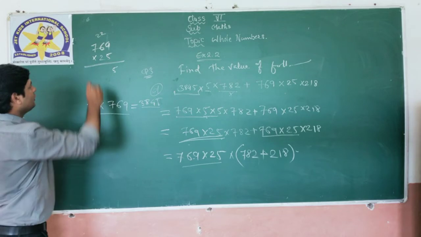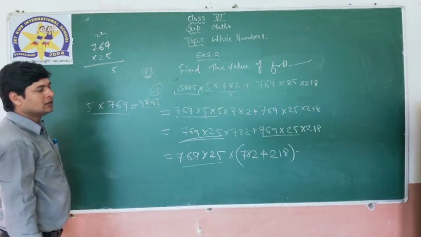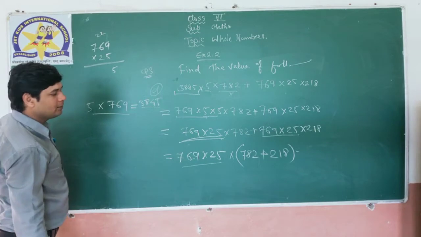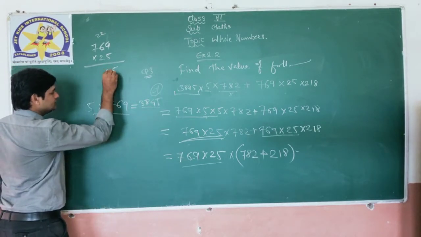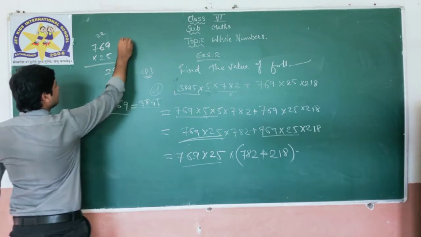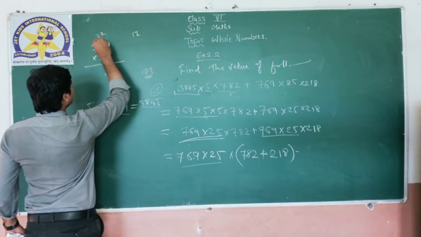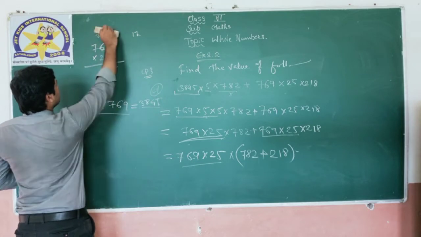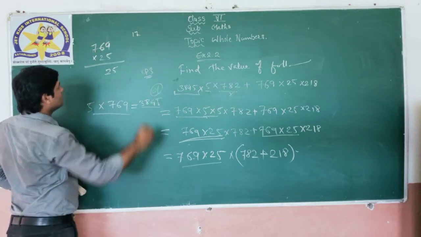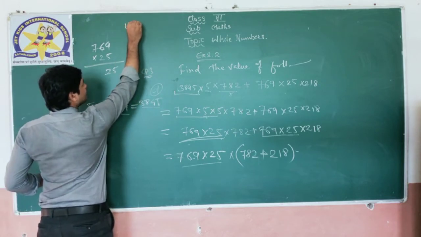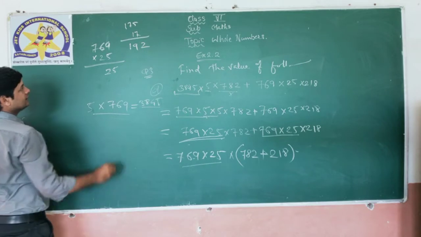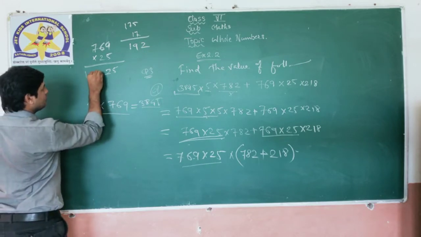Now 25 sixes are 150. 150 plus 22, that means 172, so 17 will be carry. Now 25 sevens are 175. So I am adding 175 to 17, that is 192, right? So here I am writing 192.